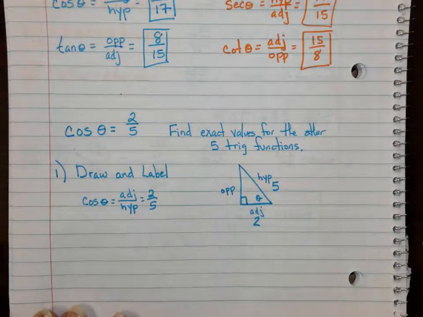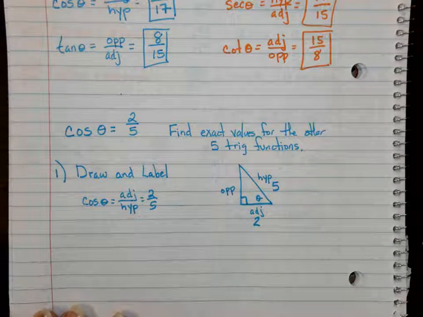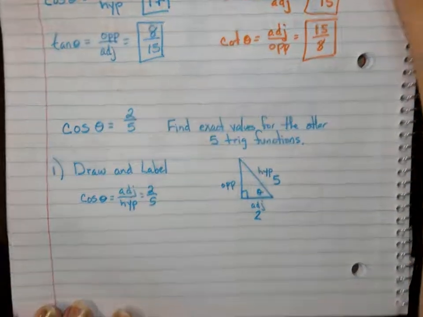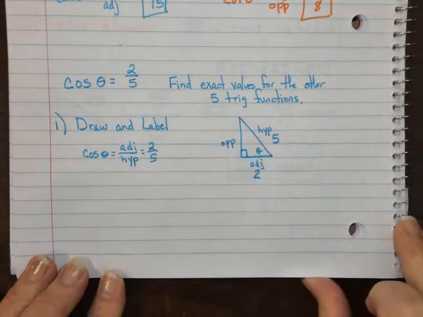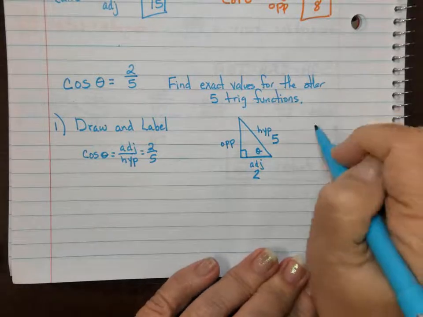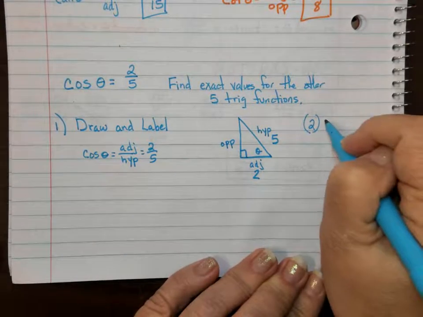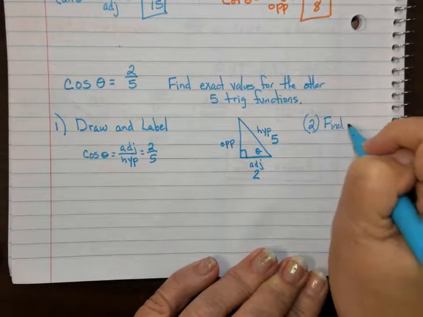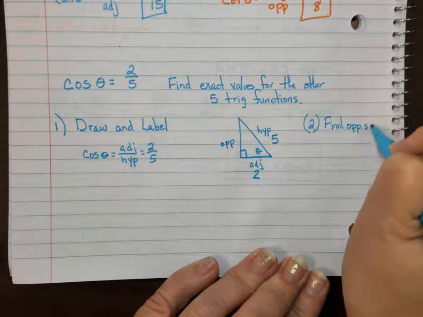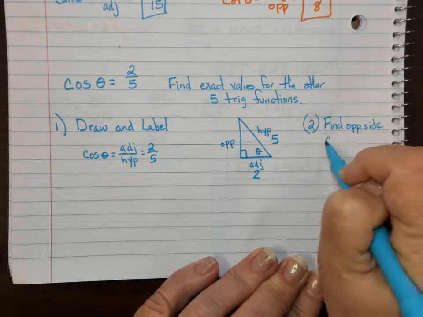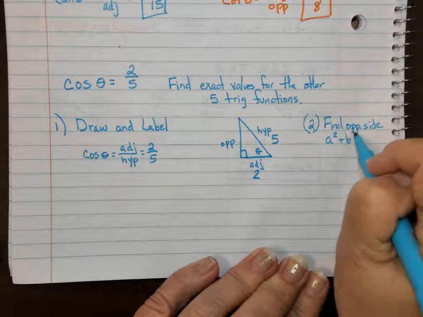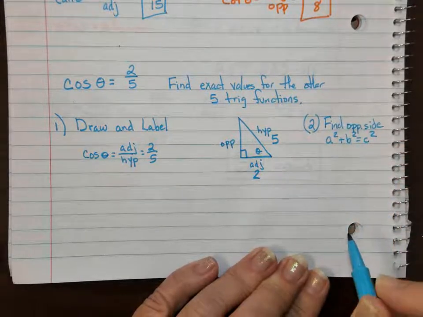Well, to do the other trig functions, we're going to need to know what that opposite side is, right? So to get the opposite side, we're going to do the Pythagorean theorem. So the next step is to find the opposite side. The Pythagorean theorem we know is a squared plus b squared is equal to c squared.